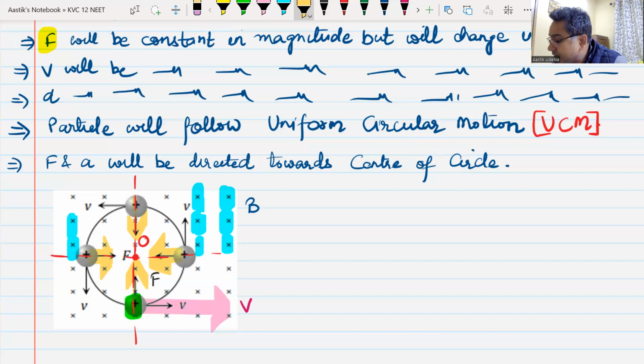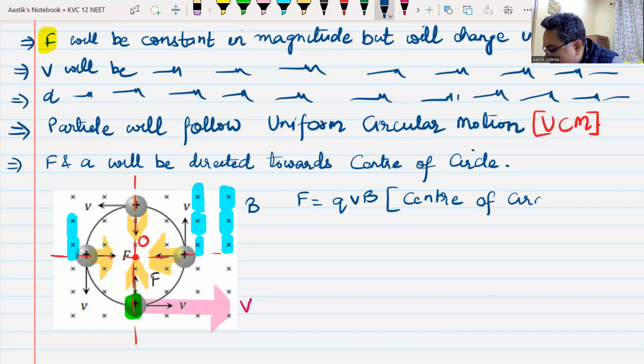This force, which is equal to Q into V into B, is always pointing towards the center of the circle. Do we understand this? In fact, this force is going to give you the centripetal force.